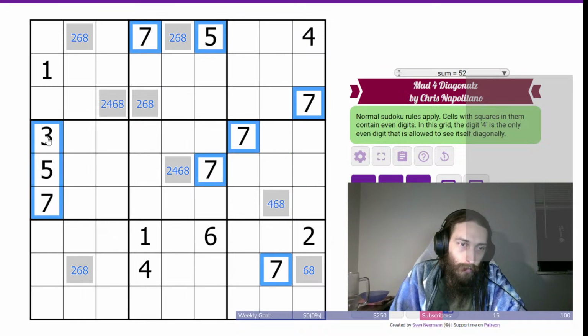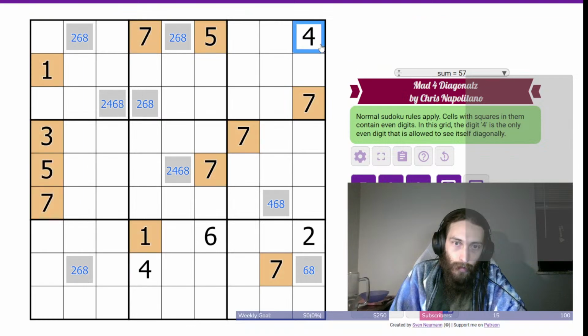I guess it might be useful to go ahead and paint odds versus evens.